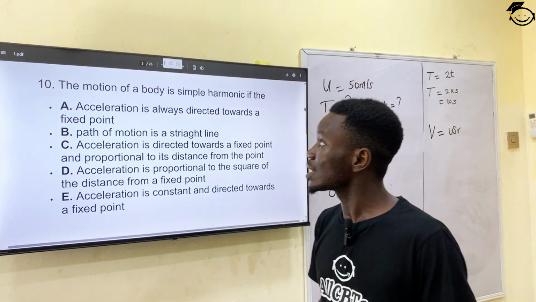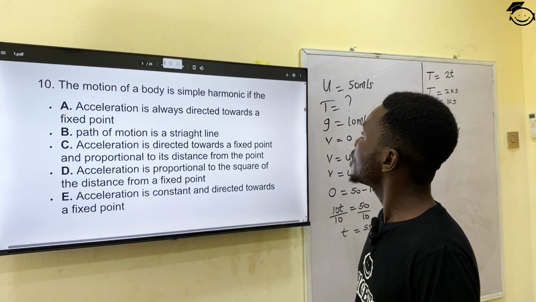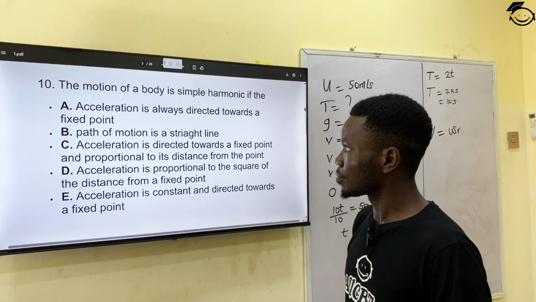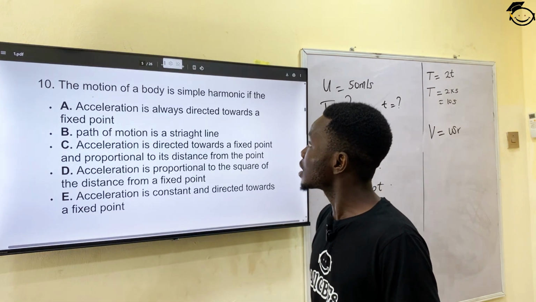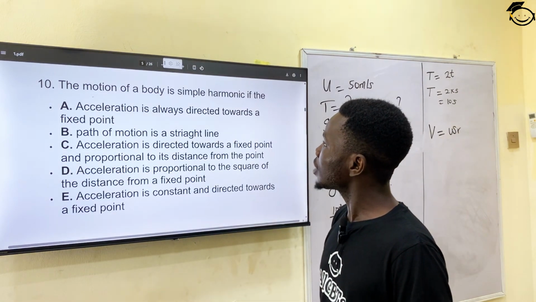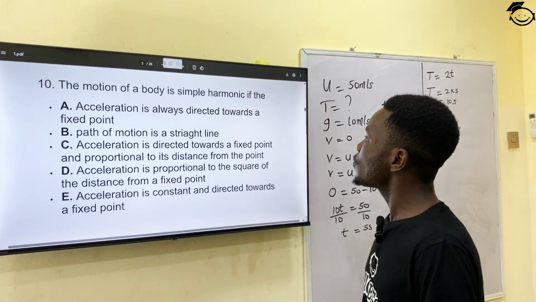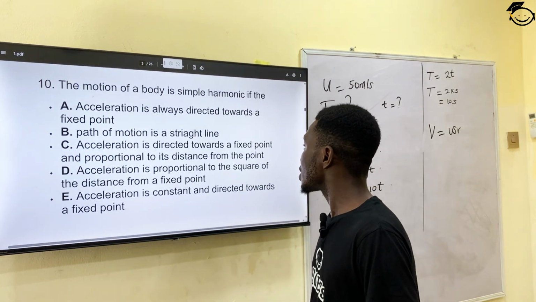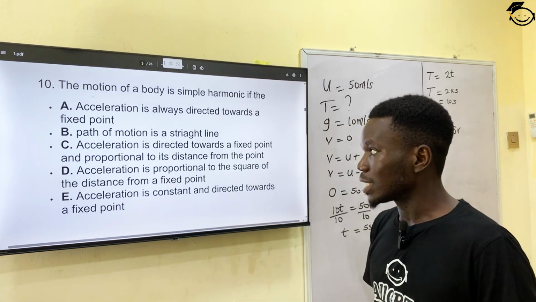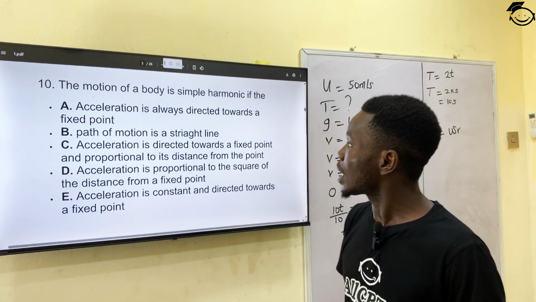Moving on to question number 10. Question number 10 says the motion of a body is simple harmonic if the dash. A, if the acceleration is always directed towards a fixed point. B, if the path of motion is a straight line. C, if the acceleration is directed towards a fixed point and proportional to its distance from the point. D, if the acceleration is proportional to the square of the distance from a fixed point.